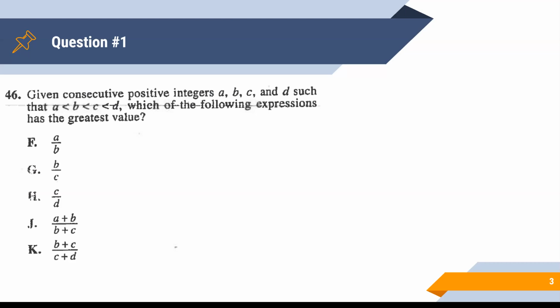Okay, the way to work this one out is you're going to go ahead and guess. We know that A is less than B, is less than C, is less than D. So I'm going to just pick values for A, B, C, D. And we're told that they are positive integers. So I'm just going to put numbers in to make this true, right?